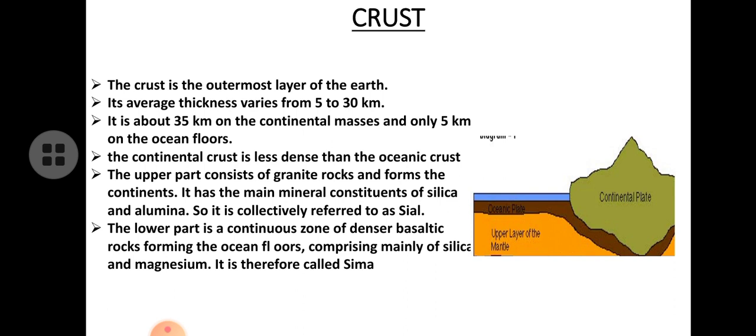Sial is the abbreviation for silica and alumina. That is the minerals by which our continental crust is made. Then the oceanic crust is made up of two important minerals, silica and magnesium. So it is called SIMA, abbreviation for silica and magnesium.